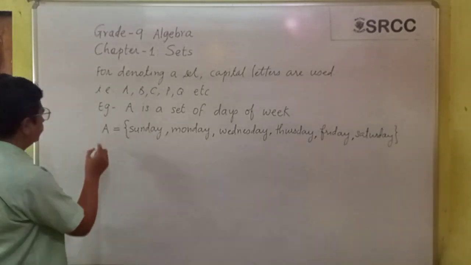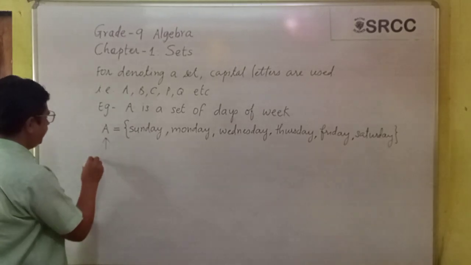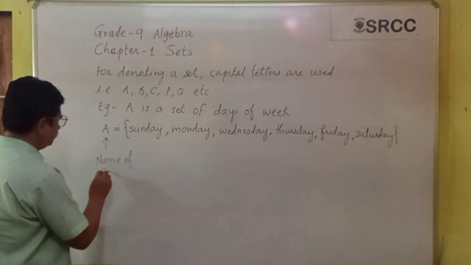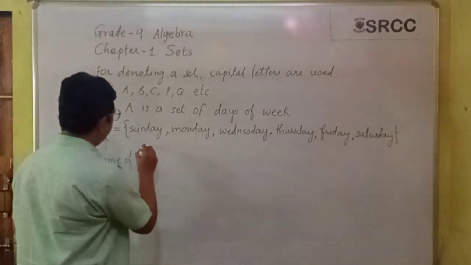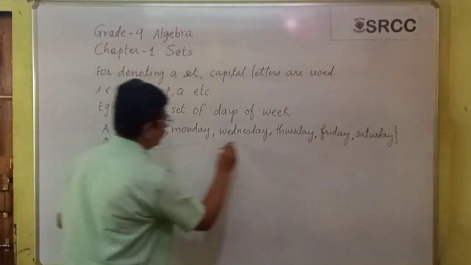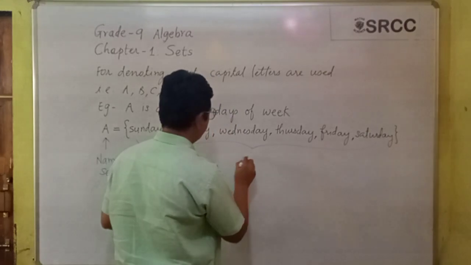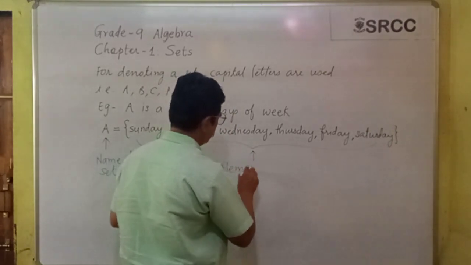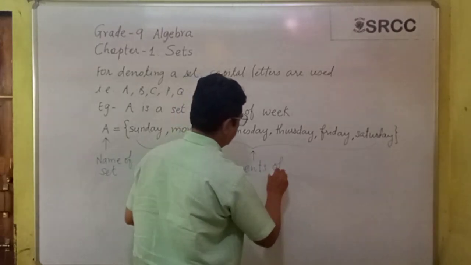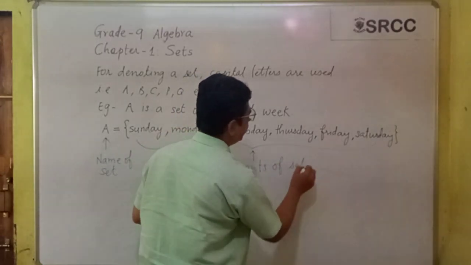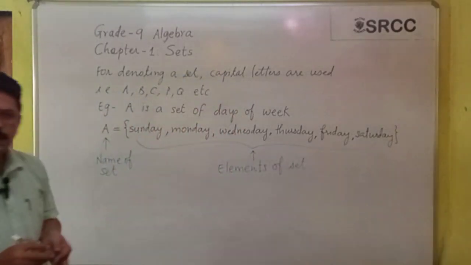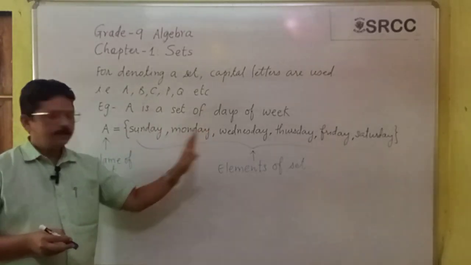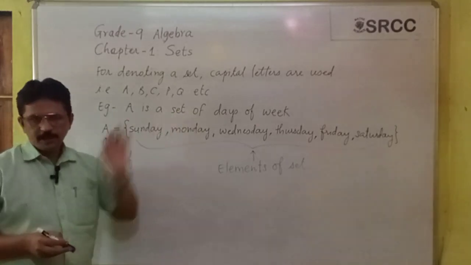So here this is the name of the set and they are elements of the set. Elements of a set are always written within curly brackets and they are separated by commas.